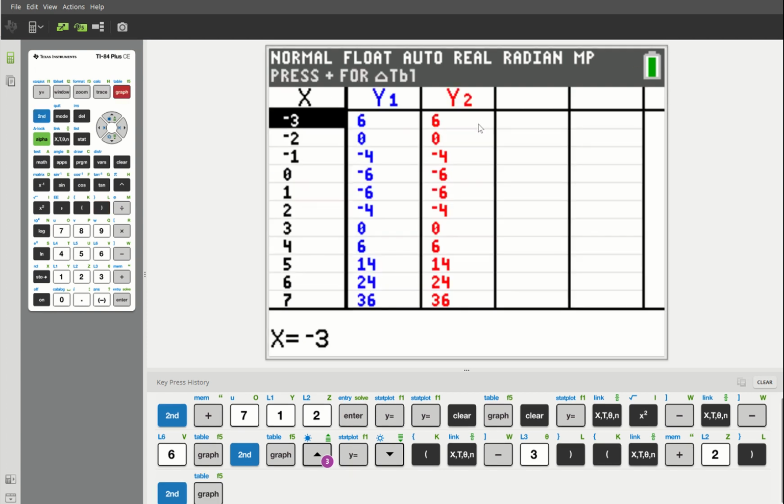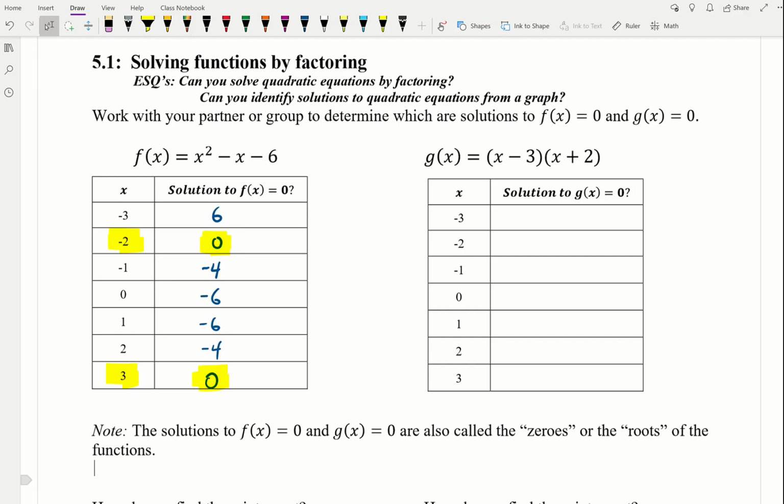Now, you'll notice that if you look at the y values, they're the same for each. So if we came back over here, we can really just fill in the same numbers: 6, 0, -4, -6, -6, -4, 0. And again, this function equals 0 at -2, and it also equals 0 at +3.